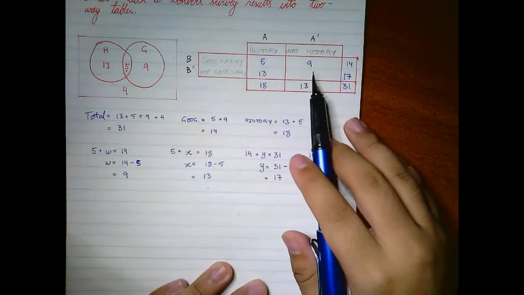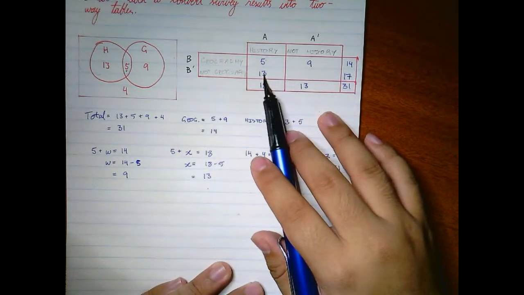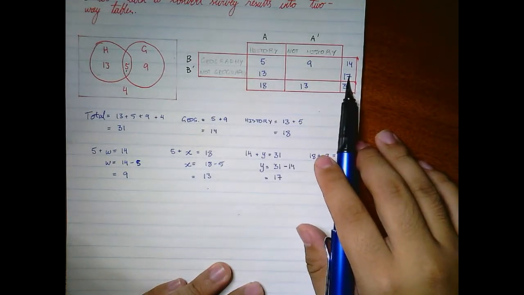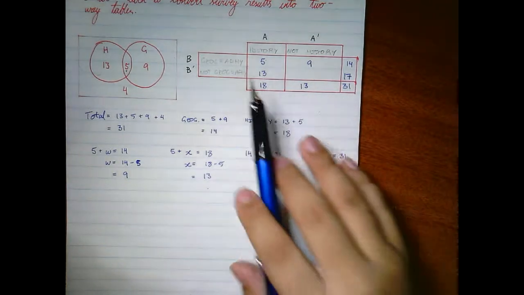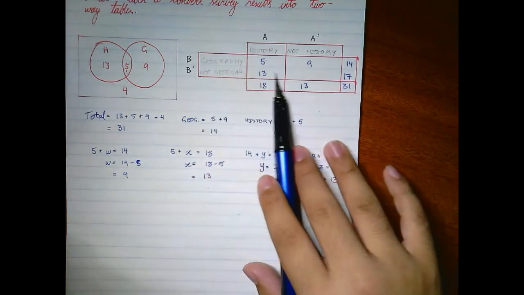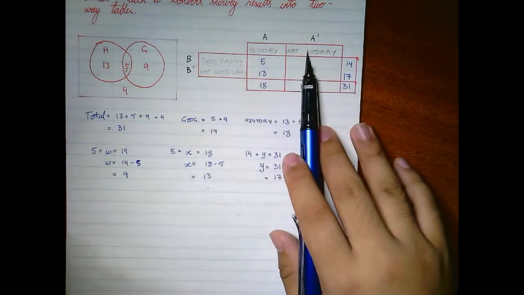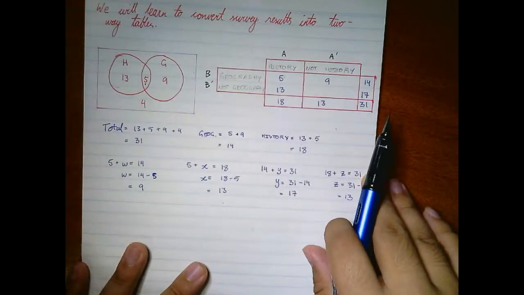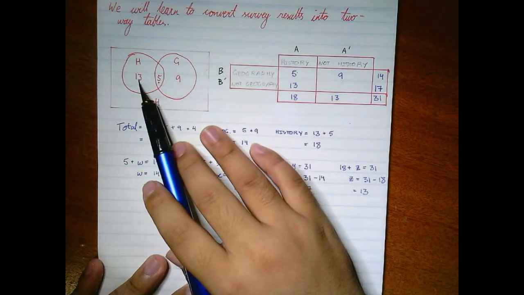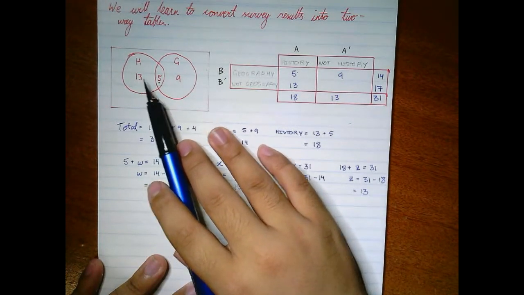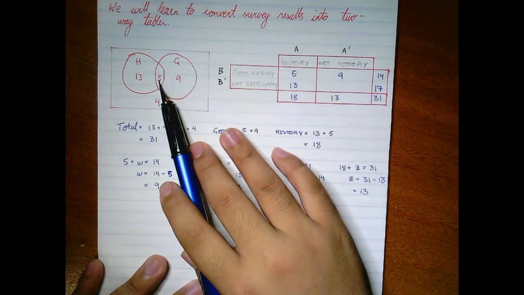Now for this final one here, we can go either 13 plus something equals 17, or, think about this: how many students did not study geography and did not study history? This person studied history, so we don't want to count them. These studied both.